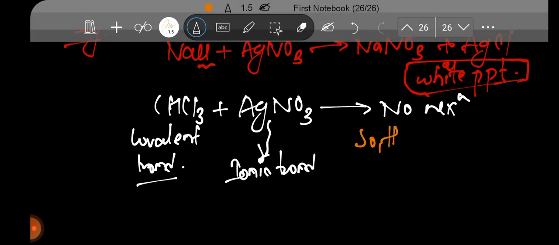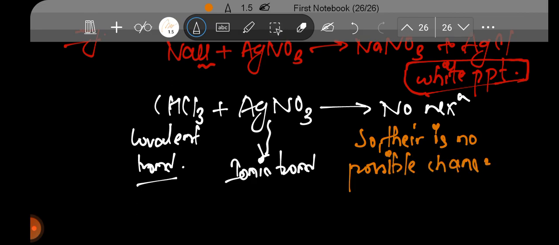So there is no possible chance of reaction. Hence we should apply another method for the detection of foreign element.